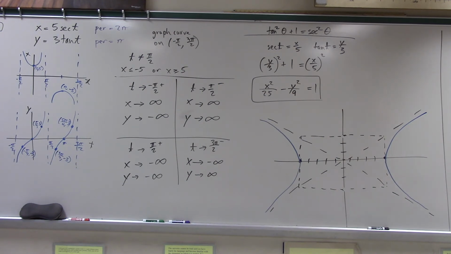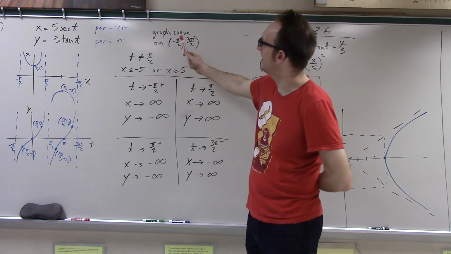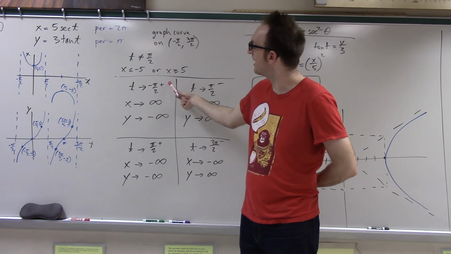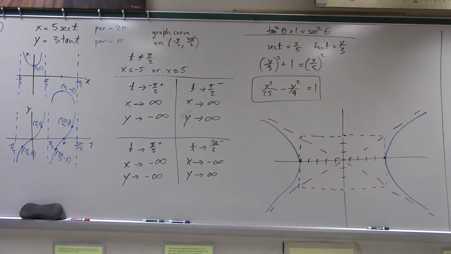At time negative pi over 2 plus, which is the beginning of my interval of width 2 pi, where am I? Well, x is infinity, y is negative infinity. So I'm at infinity comma negative infinity. So that suggests that I'm here at t equals negative pi over 2 plus.